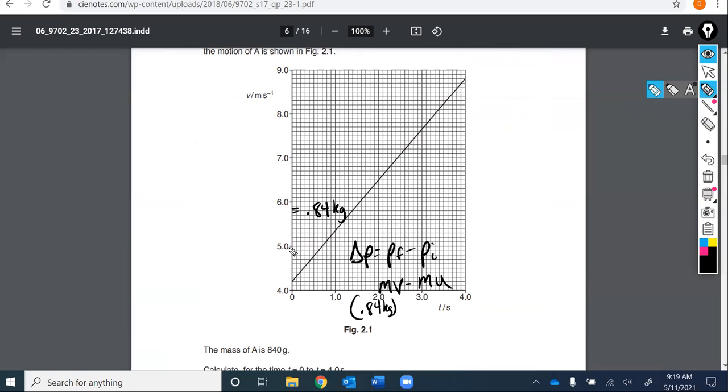If this is 4 and this is 5, there are 10 lines between there and there. So each one is 0.1: 4.1, 4.2 is the initial velocity at 0 seconds. And then this line right there is 8. So 8.1, 2, 3, 4, 5, 6, 7, 8. I could have just counted down from 9: 8.9, 8.8. So that's v.